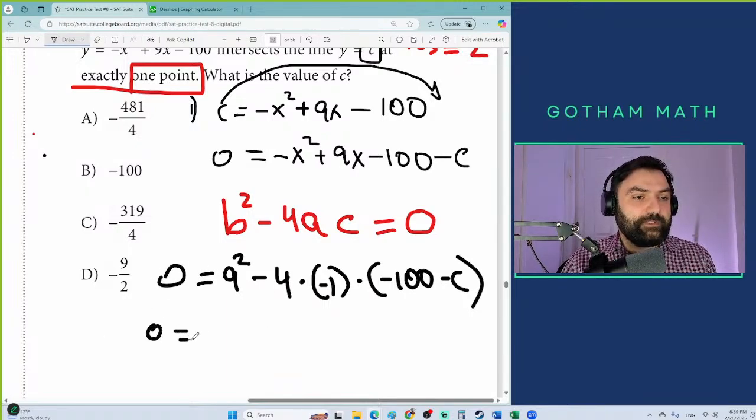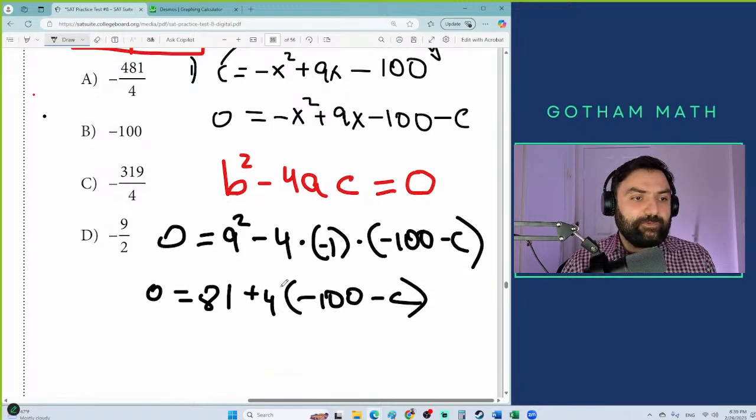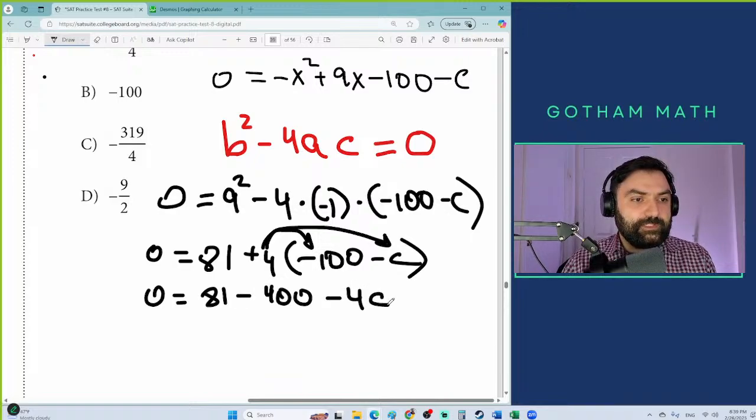So 0 equals, now it's 81. -4 times -1 is +4. I'm not going to skip that many steps, so I'm going to write it down. Now I have to distribute the +4 onto the -100 and onto -c. 0 equals 81 minus 400 minus 4c.